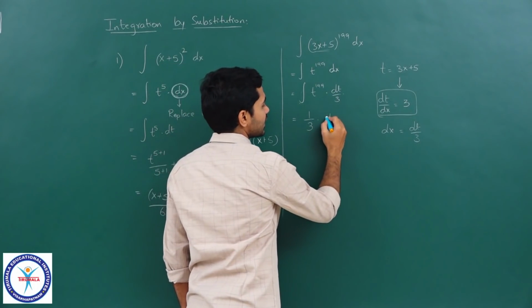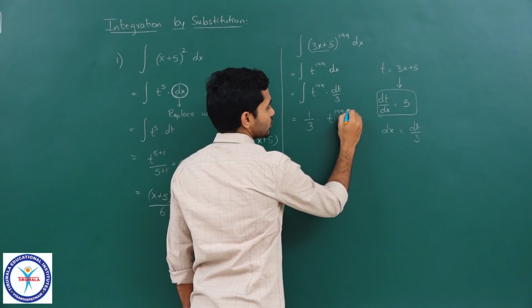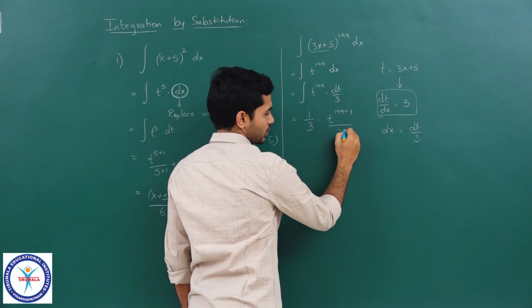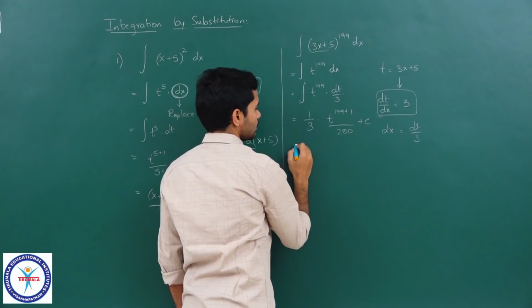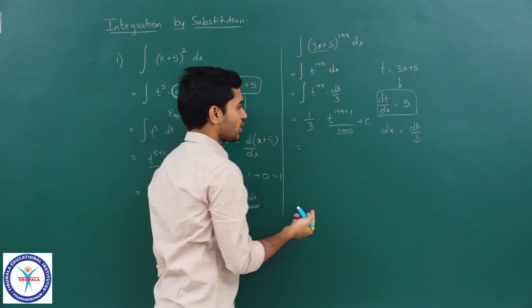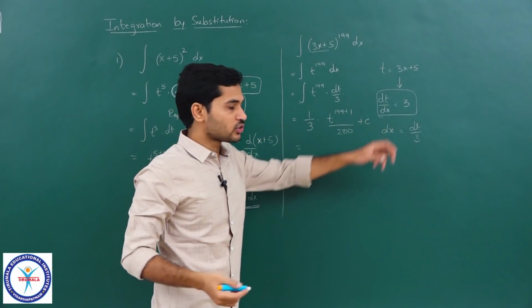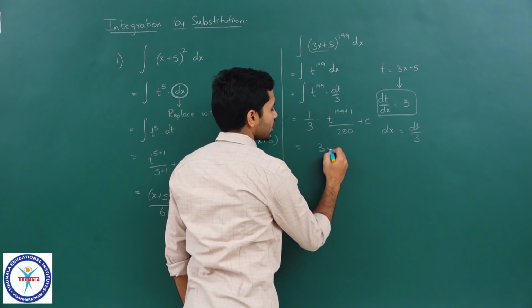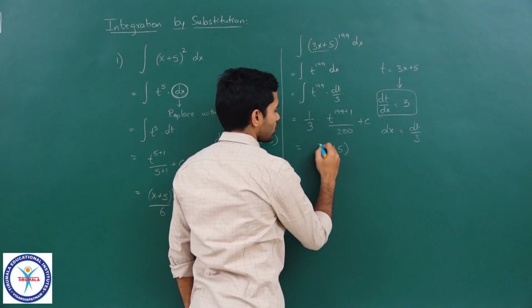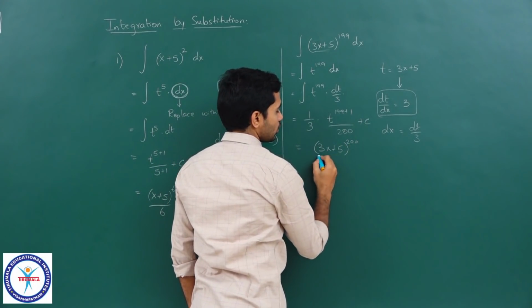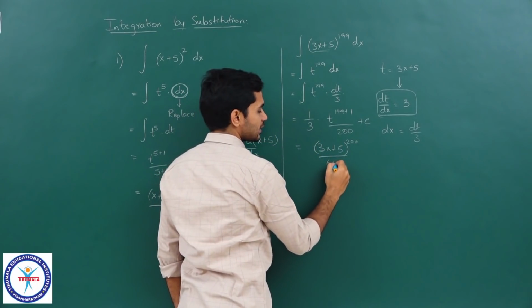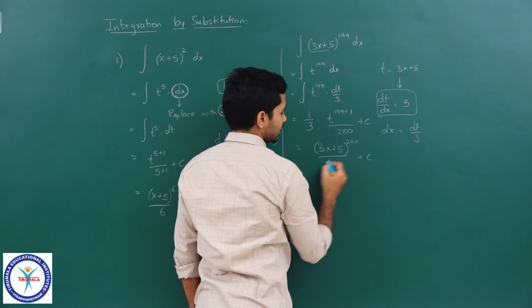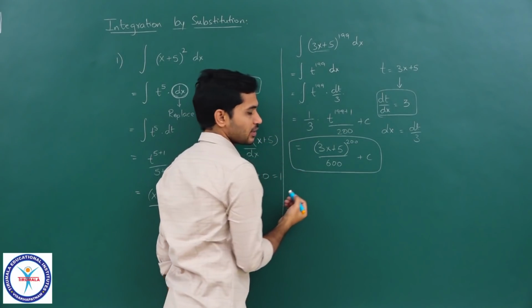So, t power 199 dt will be t power 199 plus 1 by 199 plus 1, which is 200, plus c. So, the final answer, if I replace the value of t with the value which we assumed, is 3x plus 5 whole power 200 by 3 into 200, which is 600, plus c. See, very simple, right?